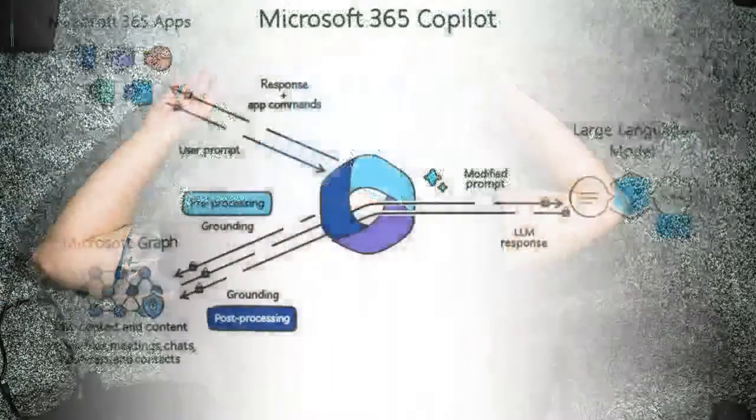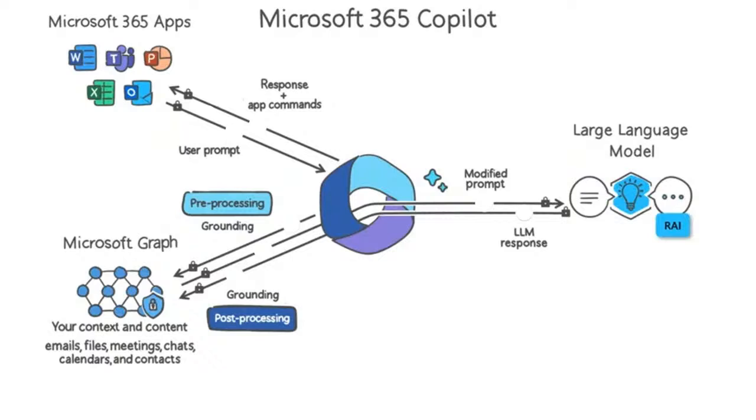Okay, but let's take a helicopter view at how Copilot actually works. At the top left, you can see the front end, where the user interacts with Copilot. So you can see the Office apps, Teams, and the user first prompts Copilot with a question. Copilot then sends it to the Graph, checks in with the Graph API because it has really deep connections with it, to check which user is talking to me, what is their chat history, their meetings, and so on.